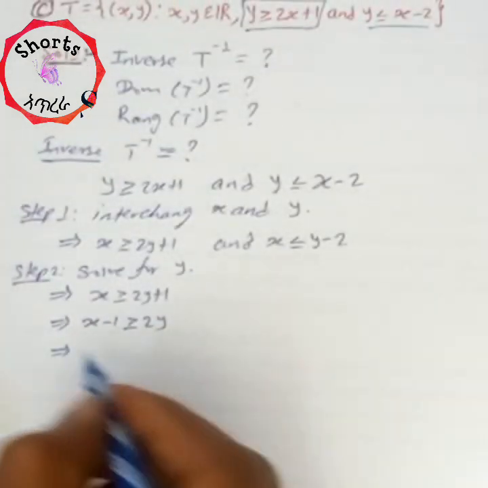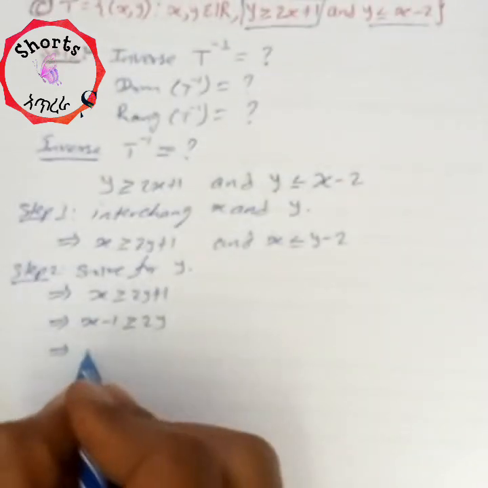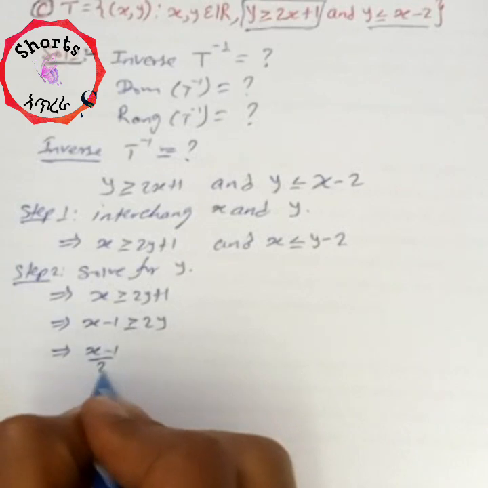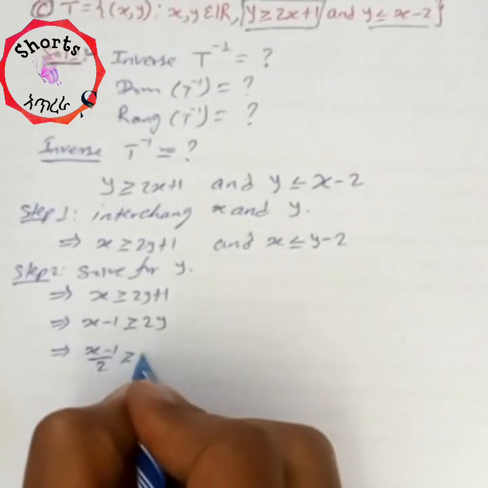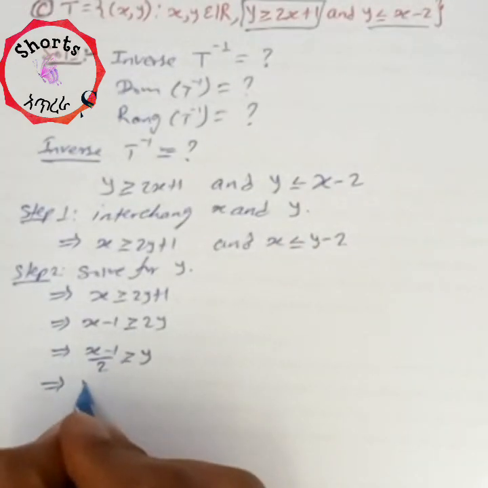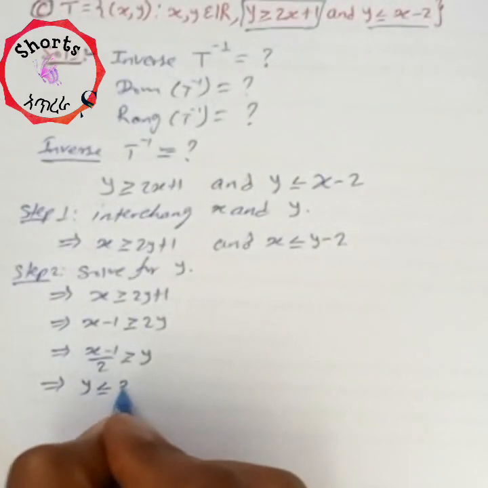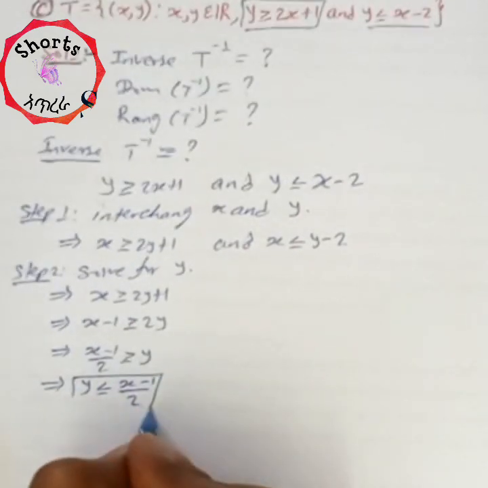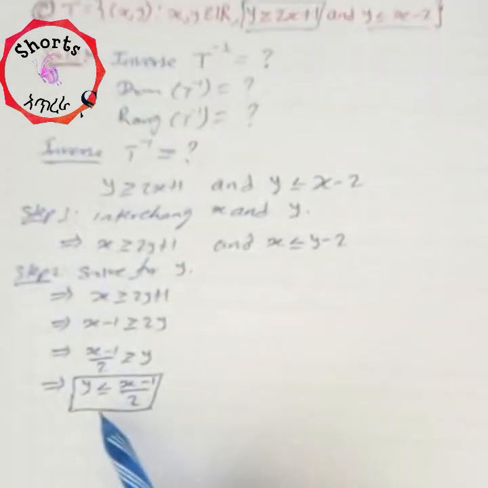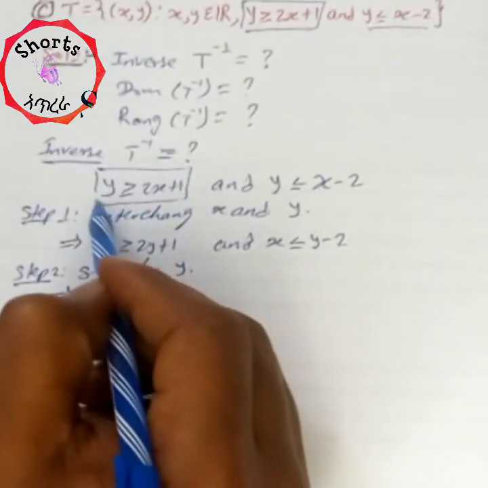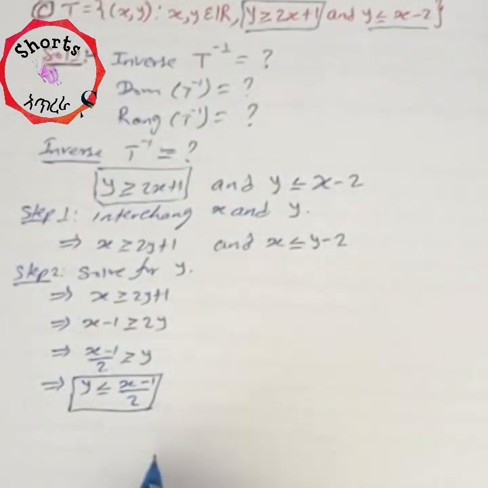Dividing both sides by 2, we obtain (x minus 1) over 2 greater than or equal to y. This is the same as y less than or equal to (x minus 1) over 2. This is the inverse of the inequality y greater than or equal to 2x plus 1.